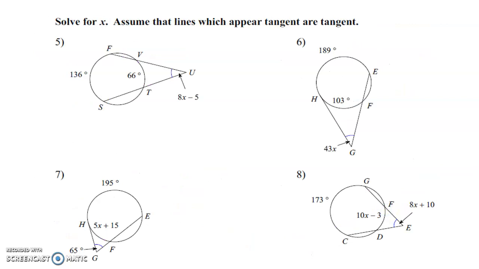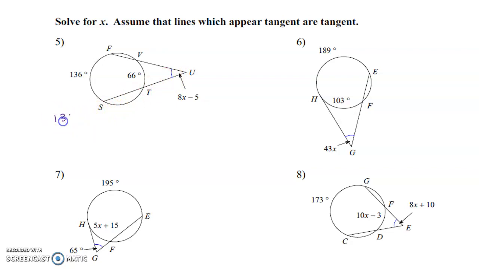Okay, got a couple more examples we can work together. Probably will not get them all in on this video, so I'll make another video so that we don't have to rush through them. Okay, we're going to solve for x, assume the lines that appear tangent are tangent. We'll try to finish number 5 here. So I've got my far arc minus my near arc divided by 2 will equal this angle measure.